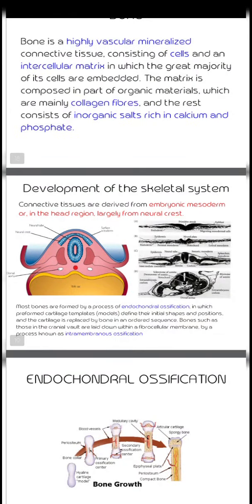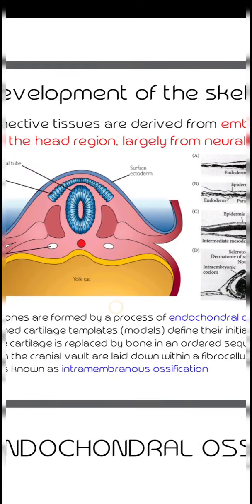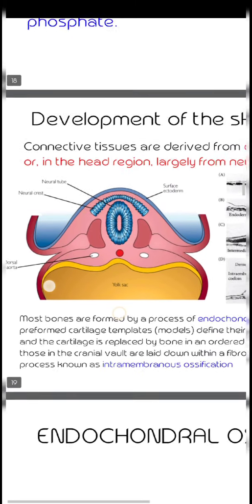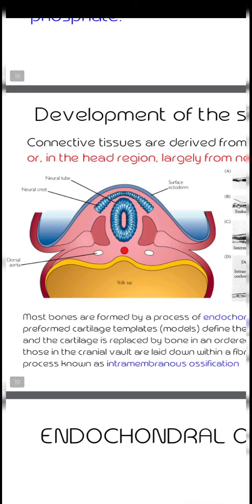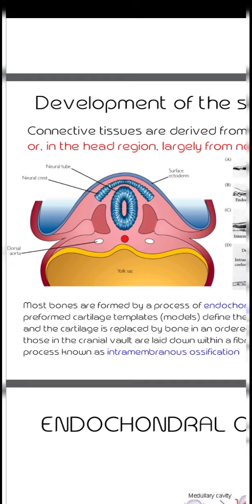If we see in this picture, this is more clear. As you can see here, there is ectoderm, the outermost layer. Then there would be mesoderm and endoderm. Yolk sac here. Yolk sac is the main component that provides the nutrients to the baby.